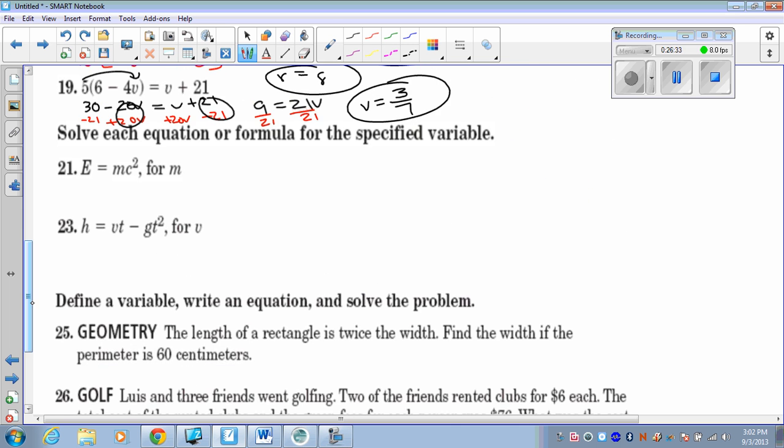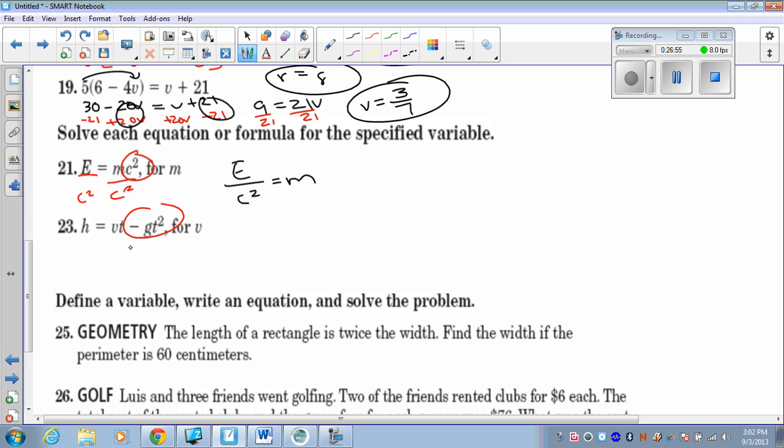Solve this thing for m. That means we got to get m by itself, which means we got to eliminate this whole group. Easiest thing to do is just divide by the whole thing. So I end up with e over c squared equals m. Solve this guy for v. I need to get all of this mess over to the other side, so I'm going to just add it since it's negative.